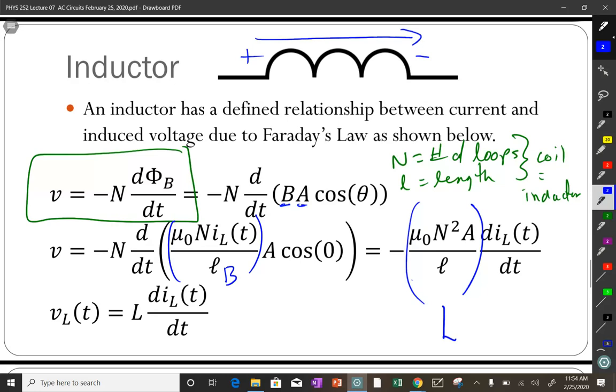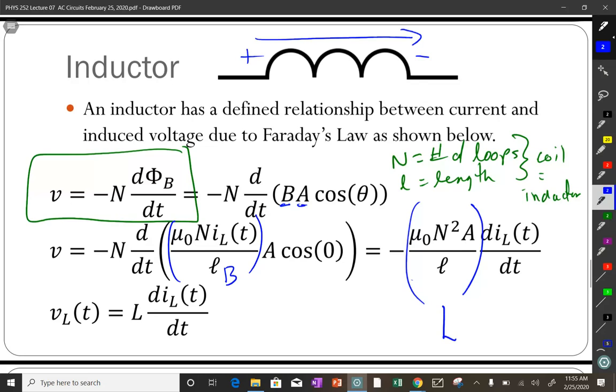L is mu naught N squared A over the length.